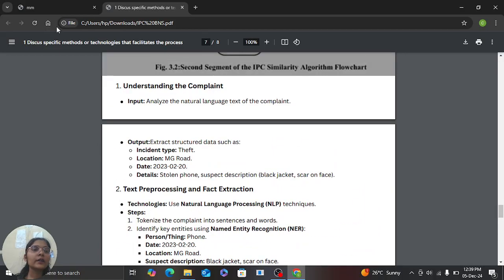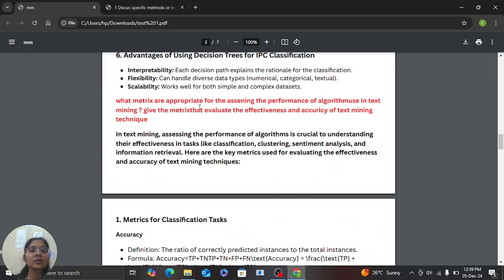Now coming to our next question, about the metrics. What metrics are appropriate for assessing the performance of algorithms in text mining? Give the metrics that evaluate the effectiveness and accuracy of text mining techniques. In text mining, assessing the performance of algorithms is crucial, to understand their effectiveness in tasks like classification, clustering, sentiment analysis, and information retrieval.